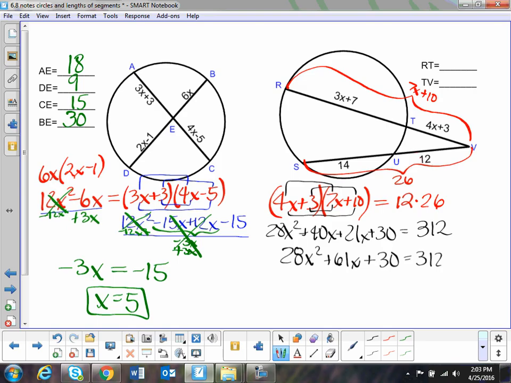Well, you could subtract 30 from both sides, but where's that going to get us? We just finished solving some quadratic equations in our warm-ups.